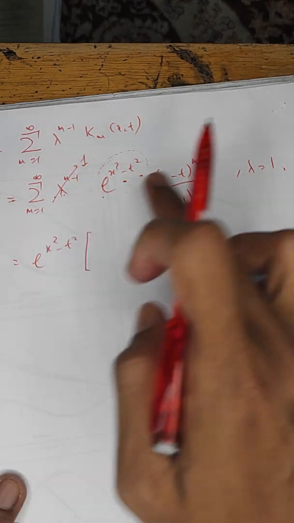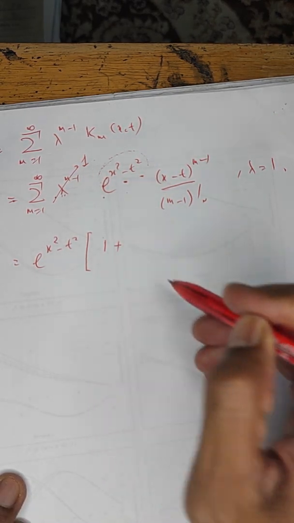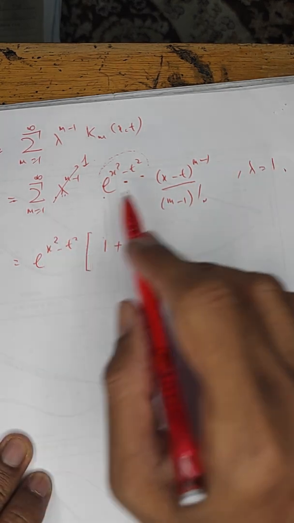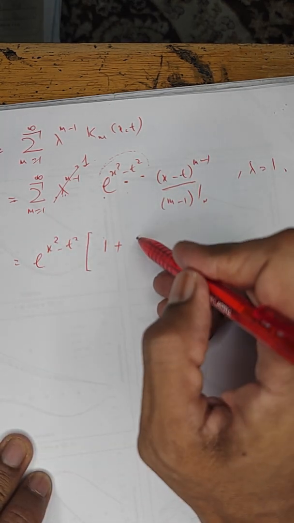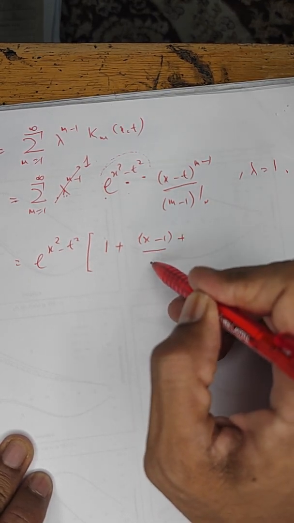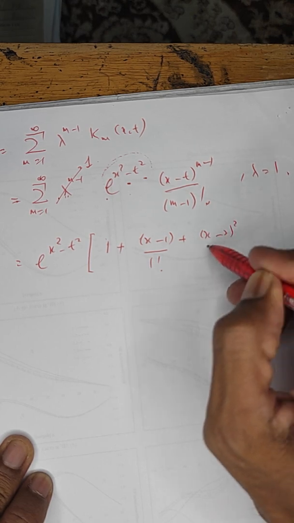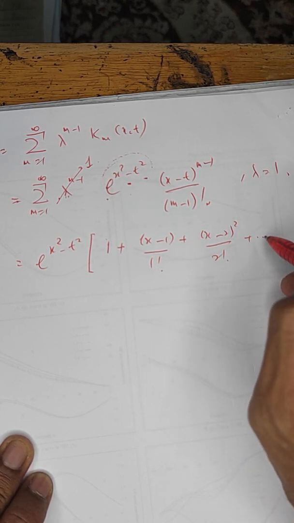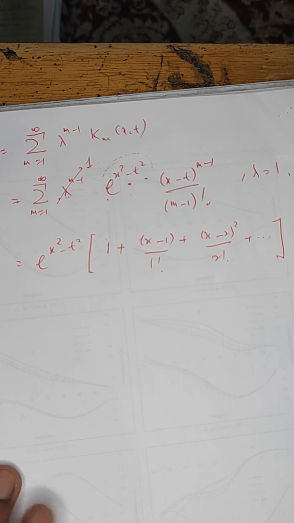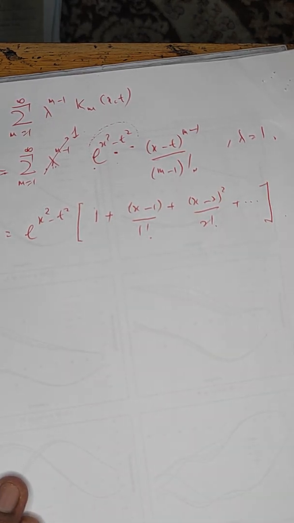So when m is 1, we have 1 plus, when m equals 2, (x - t) over 1 factorial, then (x - t)^2 over 2 factorial, and so on. Of course you can easily solve this.